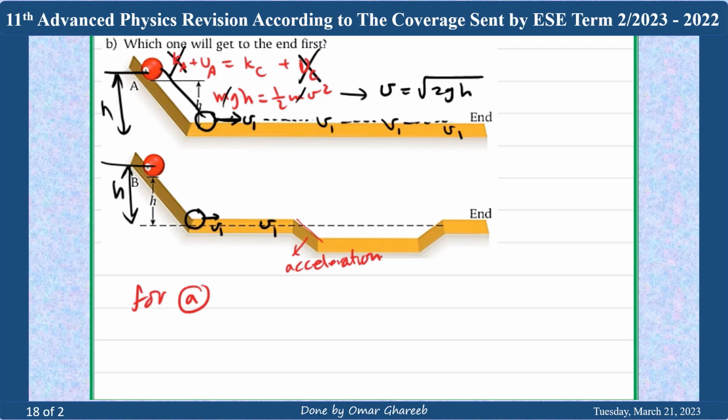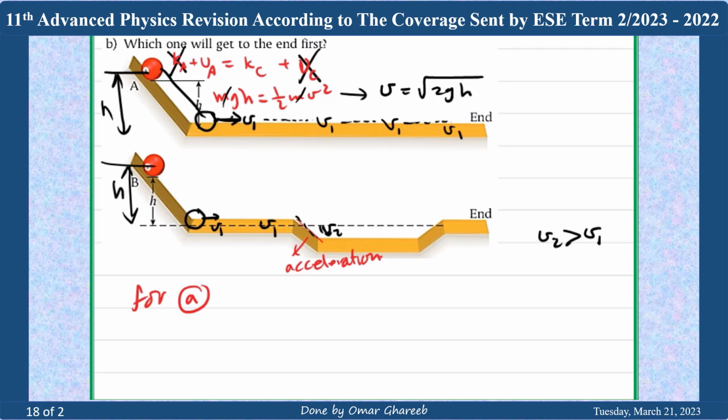That means the velocity will increase and become another velocity, name it V2, where V2 is larger than V1.